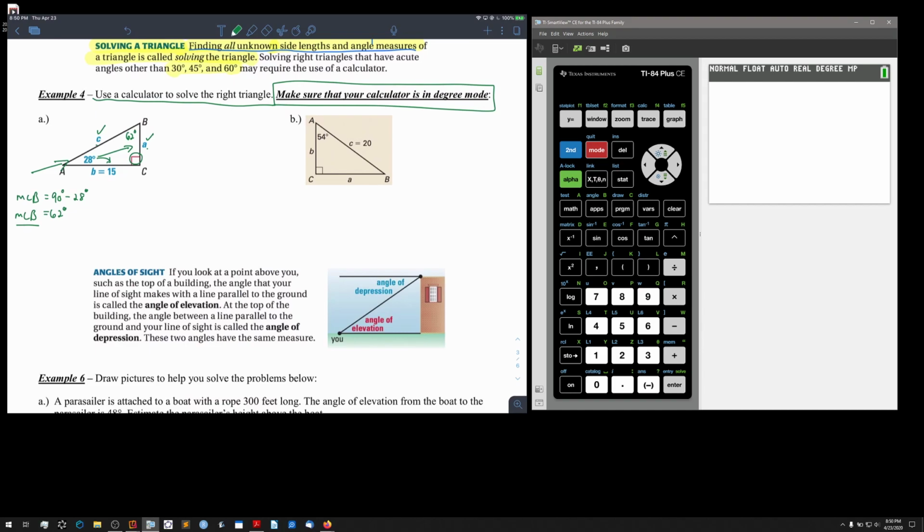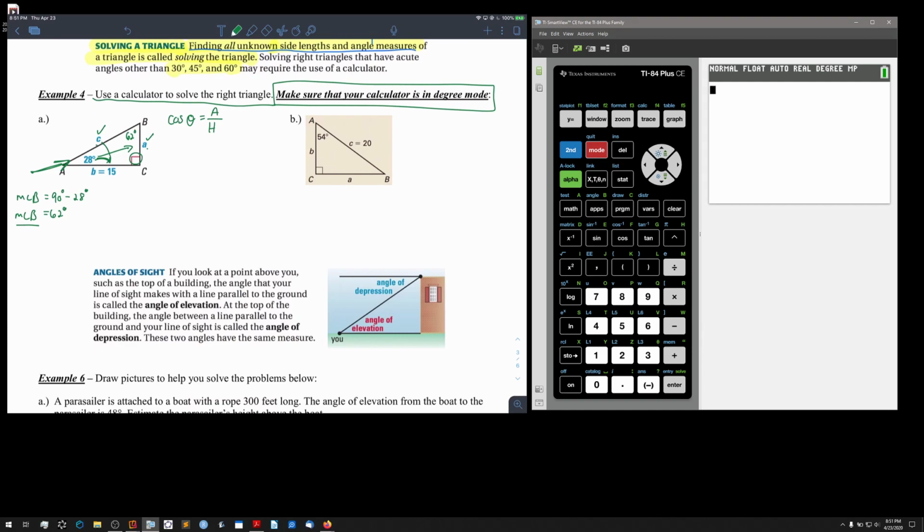So how about I find side C first? I want to do a trigonometric ratio from the perspective of 28 degrees that does adjacent over hypotenuse. And that would be cosine. Cosine of theta is adjacent over hypotenuse.